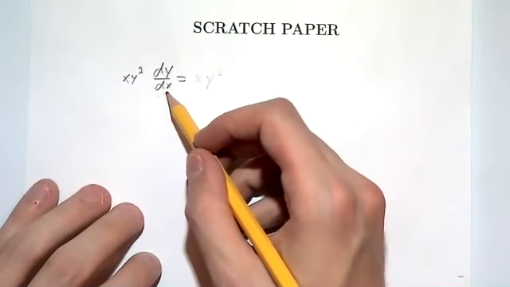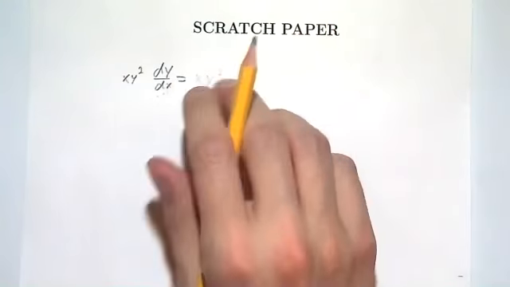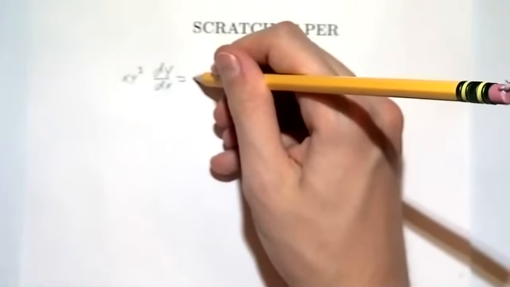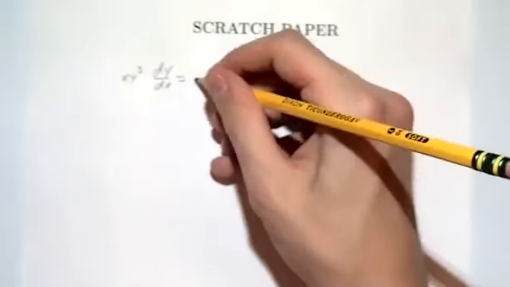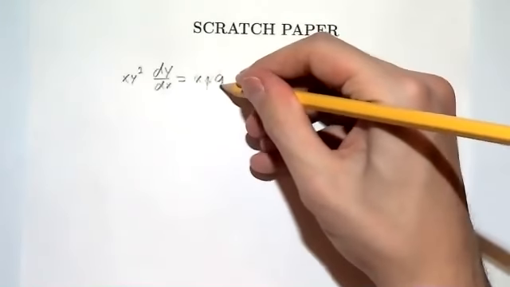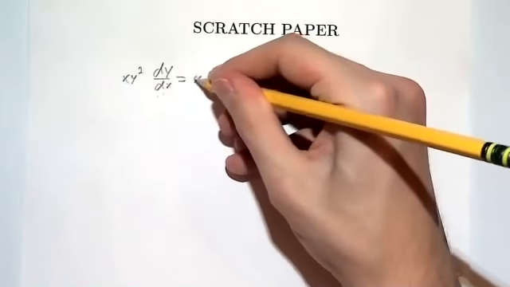Always rewrite it this way, it just helps out in separating stuff. So then it's equal to x plus 9. I'll just write it as x plus 9 though.